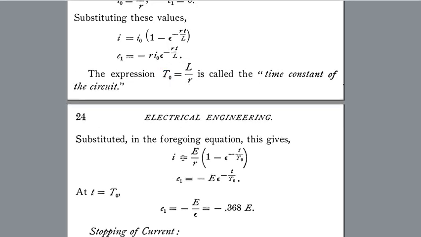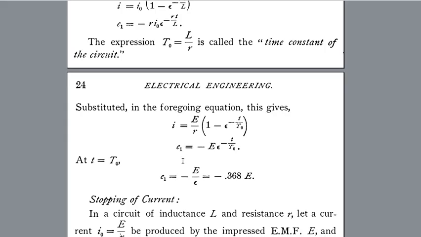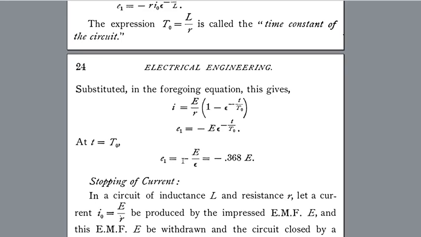At time t equals L divided by R, the time constant of the circuit, I equals E divided by R times the quantity 1 minus e to the power of negative 1, and E1 equals negative E times e to the power of negative 1.